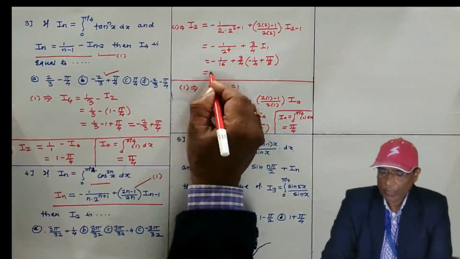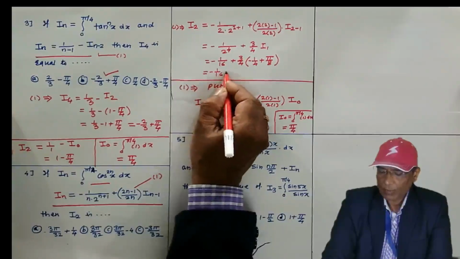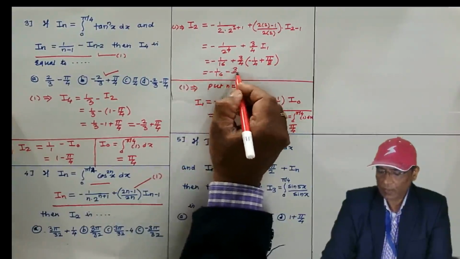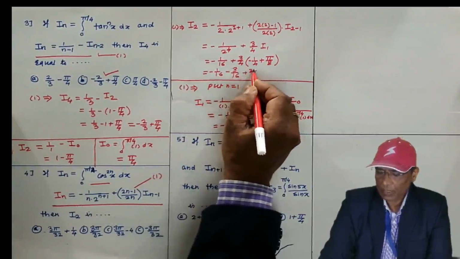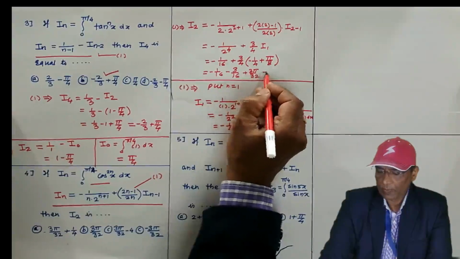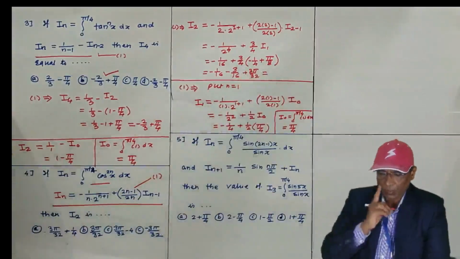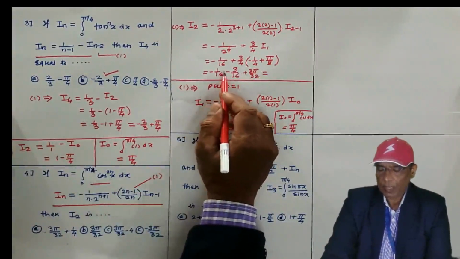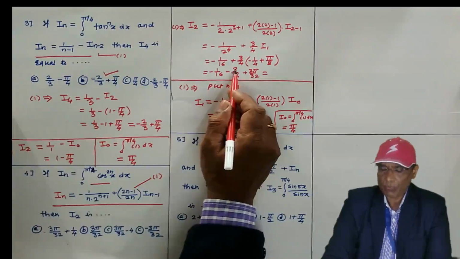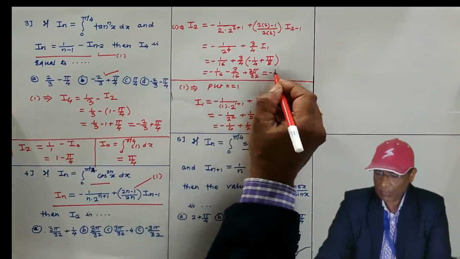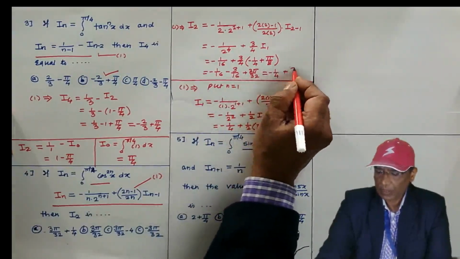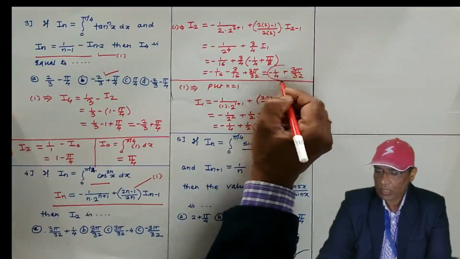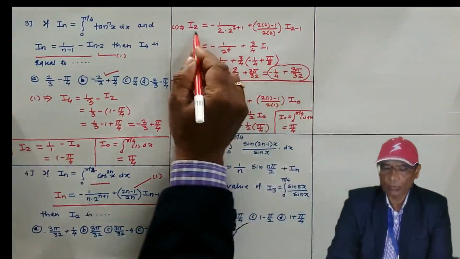Now, minus 1 by 16 minus 3 by 16 plus 3 pi by 32. 16 is LCM here in the first two terms. Minus 1 minus 3 is minus 4, minus 4 by 16 is minus 1 by 4, 3 pi by 32. This is the value of I2.